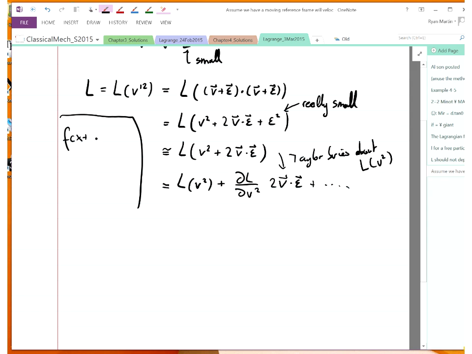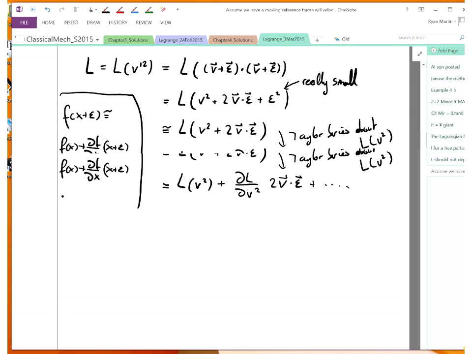Recall the Taylor series: you have f at x plus epsilon, that's roughly equal to f at x plus ∂f/∂x times epsilon. So the x in this case is the V squared, so it's ∂L/∂(V squared), and then the epsilon is the 2V dot epsilon. Okay, so that's the Taylor series.